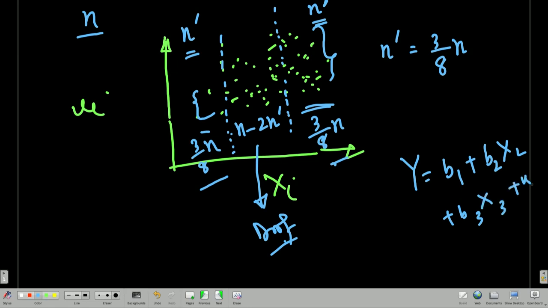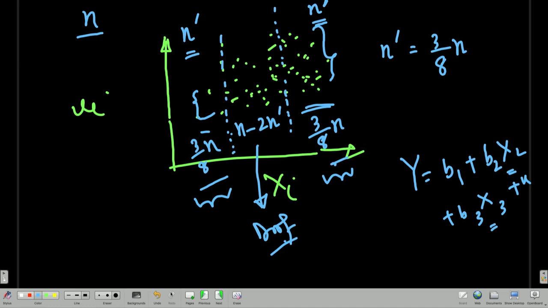Now we run the regression first for this group here and second for this group here. We run the same regression with the same explanatory variables, so the degrees of freedom that we calculate for both regression equations are going to be the same. So how will we actually see if the variances of the error are similar or not.